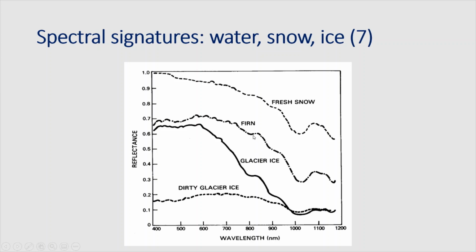But you see that for firn, glacier ice or dirty glacier ice, they appear to be grayish: white here for the fresh snow, grayish but bright for the glacier, and very dark but grayish for the dirty glacier ice. But you see that we can distinguish the different metamorphisms of the snow just by taking into consideration this particular spectral signature.